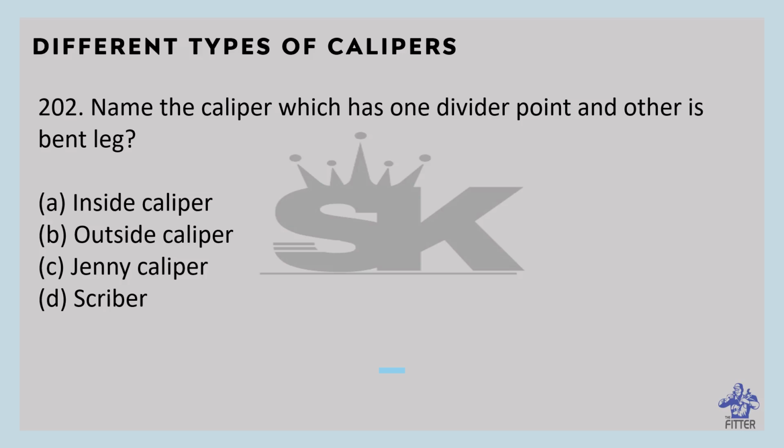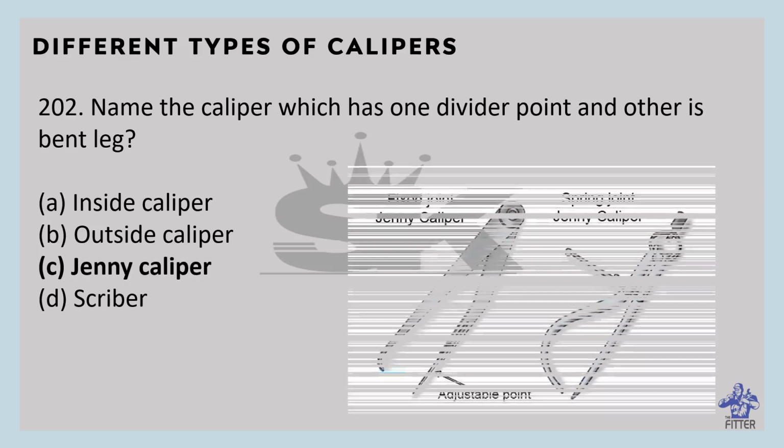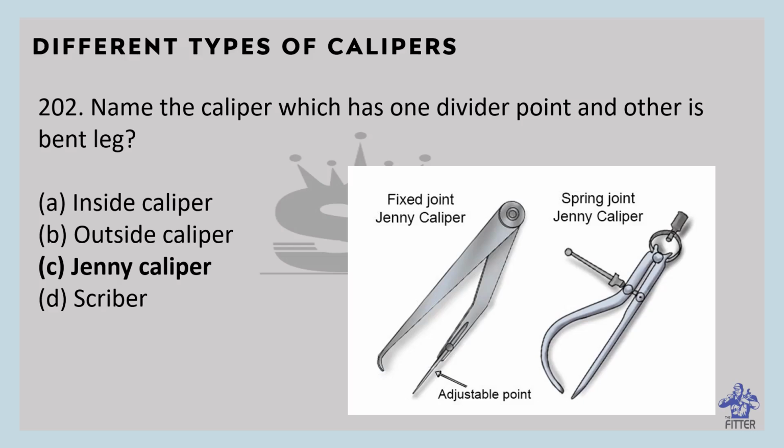Name the caliper which has one divider point and the other is a bent leg. That is the Jenny caliper. In the image you can see that one leg is bent like this, right? And there is one sharp needle-like point, that is the divider point.